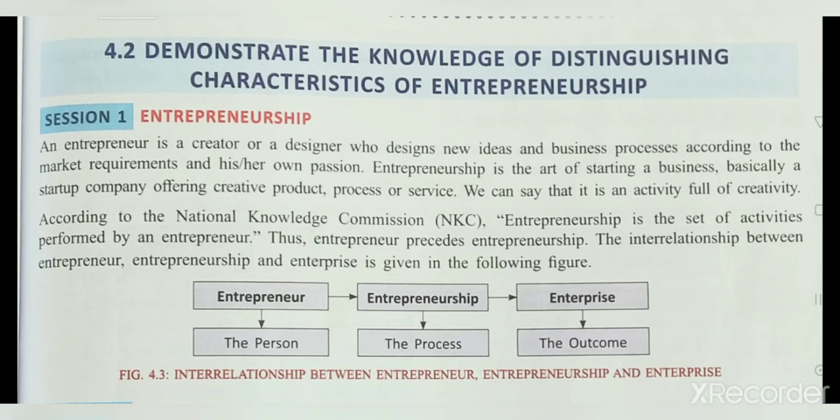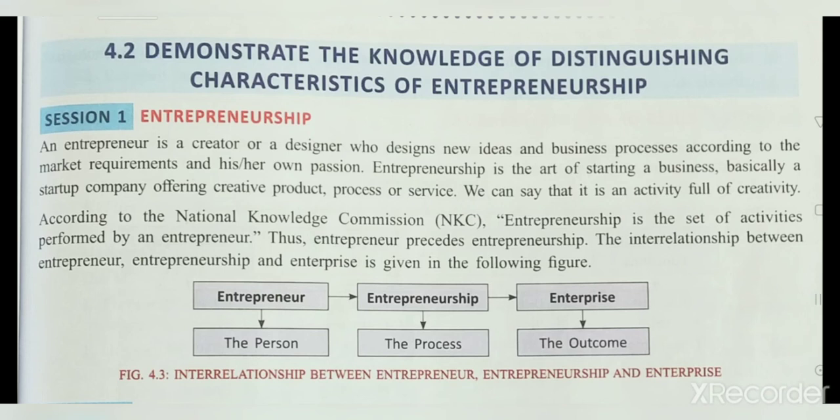Okay, so next, according to the National Knowledge Commission, NKC, entrepreneurship is the set of activities performed by an entrepreneur. Thus the entrepreneur precedes entrepreneurship. The interrelationship between entrepreneur, entrepreneurship and enterprise is given in the following figure, right?